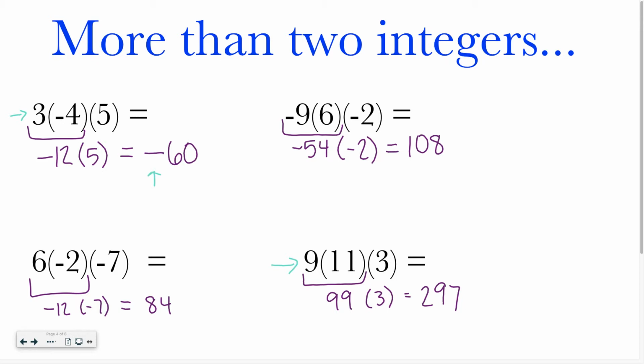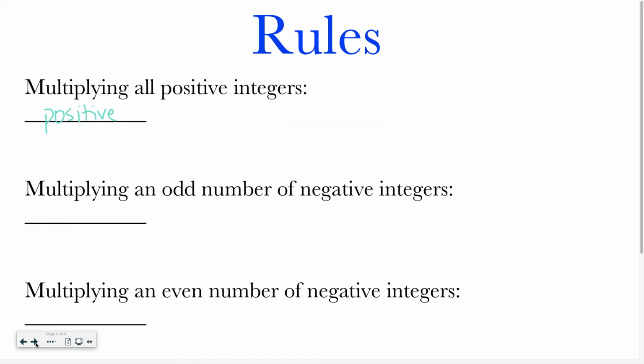The other two examples have even numbers of integers. So multiplying an odd number of negative integers results in a negative answer.